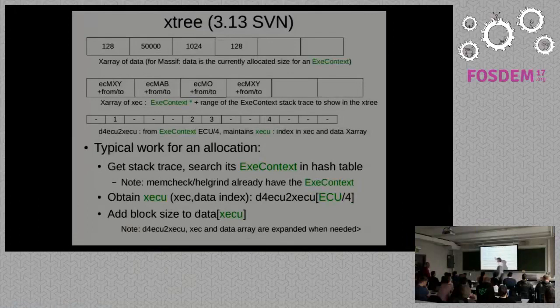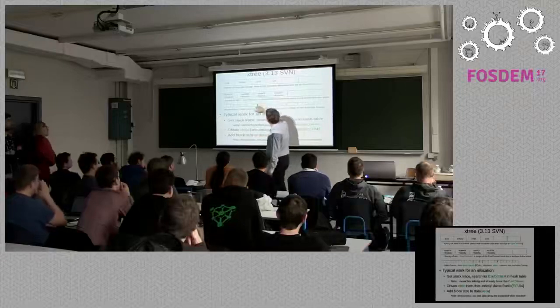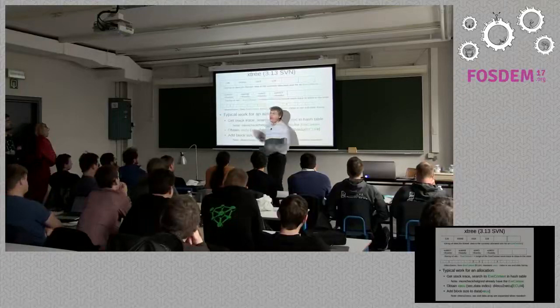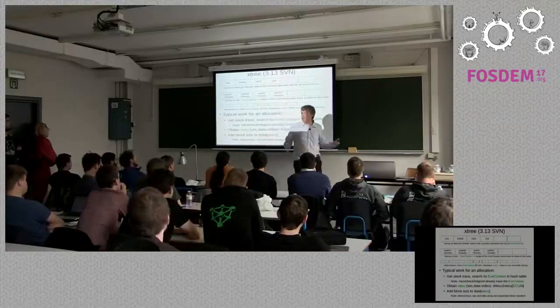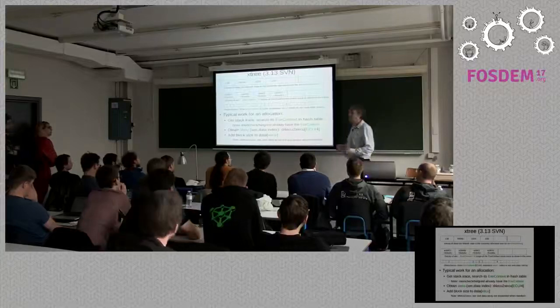You can see, in fact, that this is a sparse array, because not all entries are used; only the exec contexts which are really used by an XT will have an entry here. This avoids making these arrays sparse, because these would contain a lot more data. This one is bigger: this is a simple integer, that's a pointer and two integers, and this is variable size data, which depends on the reason for which you are using the XT.